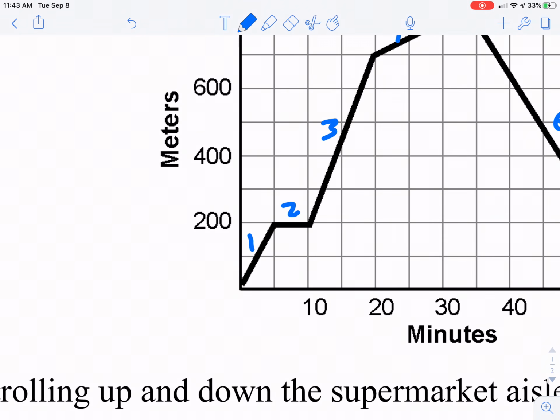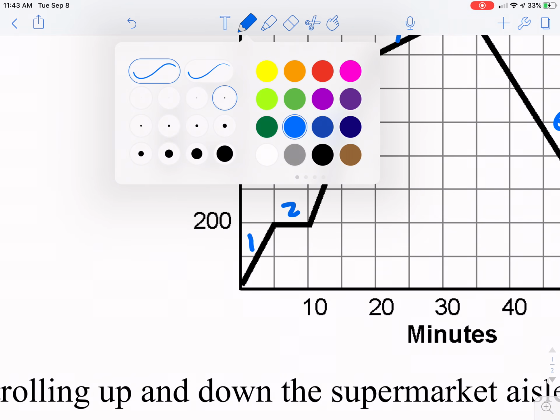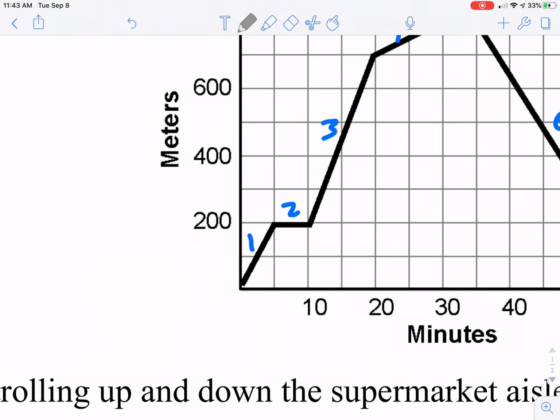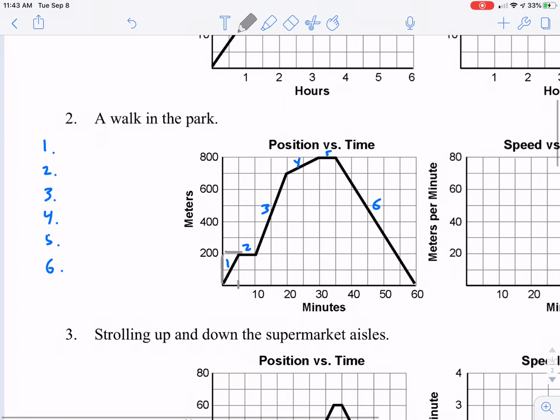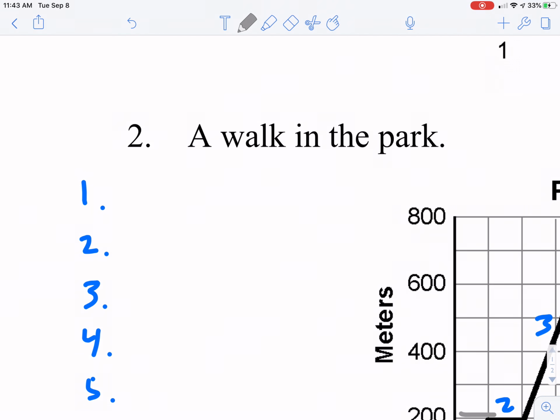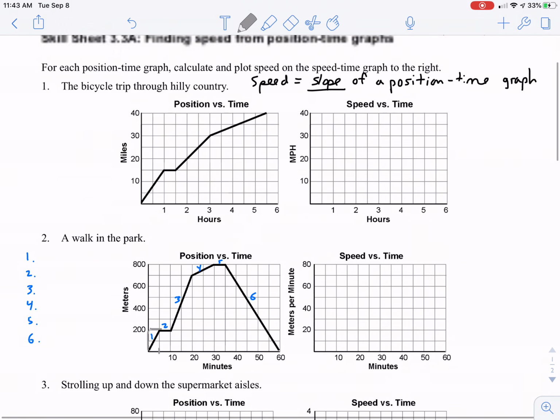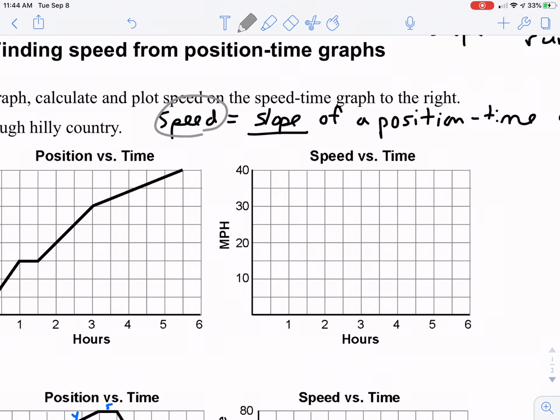For number 1, I'm going to use a different color here. Let's use gray. Now for line segment 1, you can see we go up 200 and over, and every box is going by 5 minutes, right? So this is going up 200 over 5 minutes. So that's what we're going to write over here. Now remember, speed, which the variable for is v, speed and velocity use the same variable.